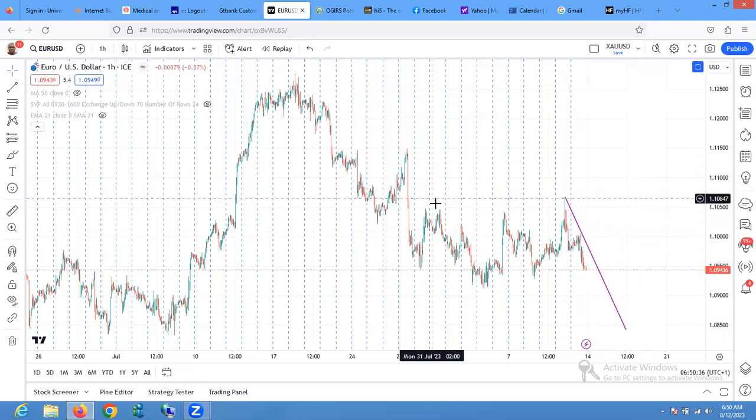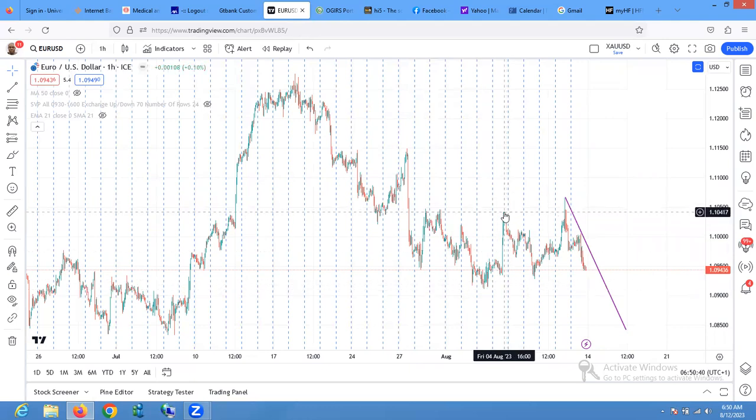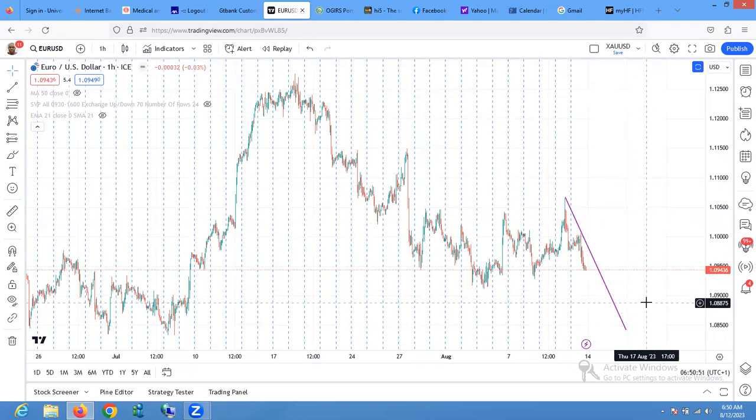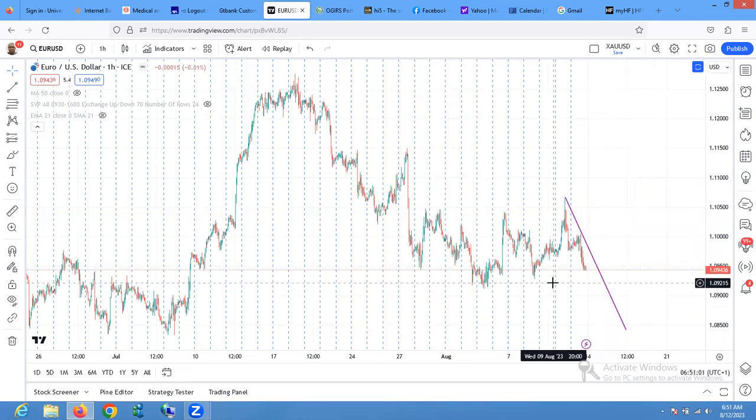Where this one will become A, B, C, and it forms a W, an X, A, B, C, to finish a Y, then for us to come down. So we may be anticipating a leg to the upside, another leg to the upside before we drop. So that is most possible.